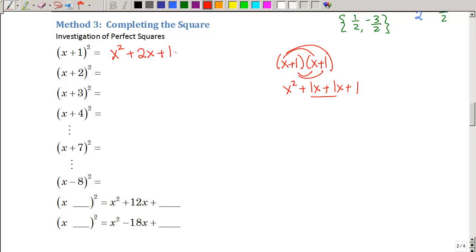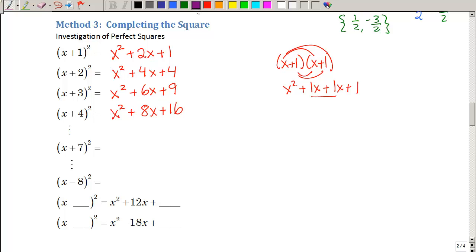We're going to work the first four problems similarly, but a little bit faster. (x + 2) squared turns out to be x squared plus 4x plus 4. And you're welcome to check these at your leisure.